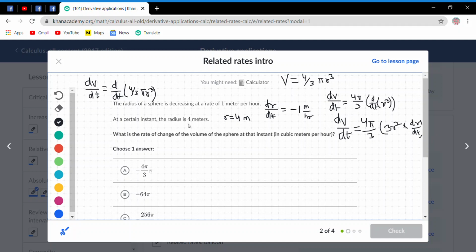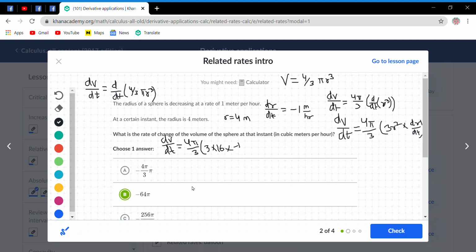Let's solve this by filling in the values, and we also know dr dt. So dV over dt is equal to 4 pi over 3 times 3 times 16, because 4 times 4 is 16, and times dr dt, which we know is -1.